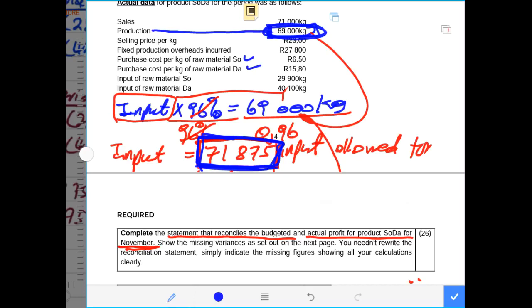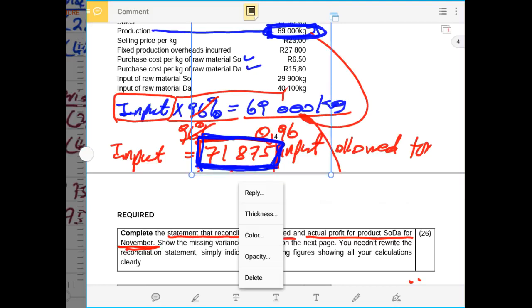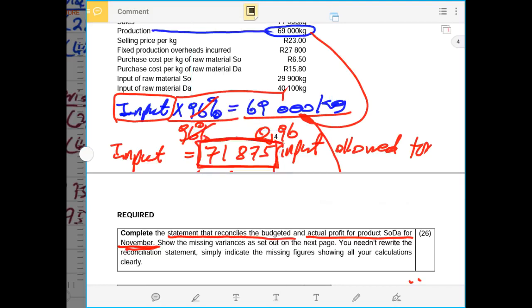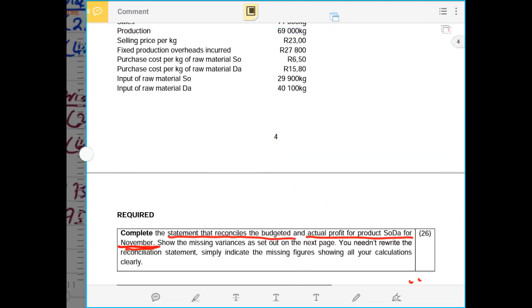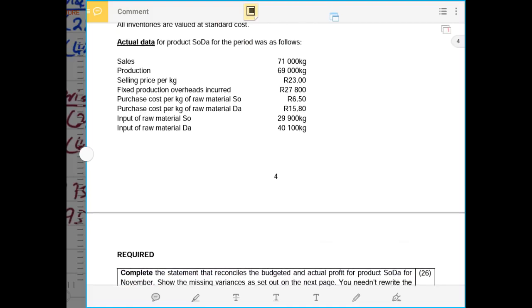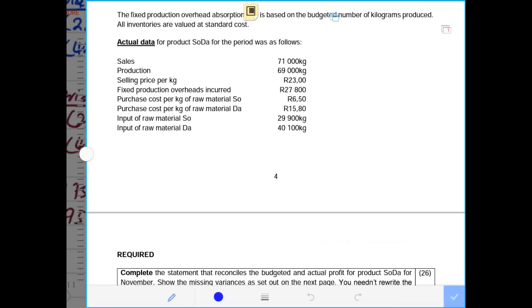Therefore now we need to know the standard input. How much input was supposed to be introduced for us to get the output of 69,000 kgs. I always say that anything that is standard, if it's standard production, standard kgs or standard yield, it has to do with the actual information.